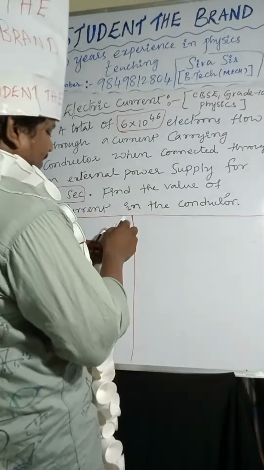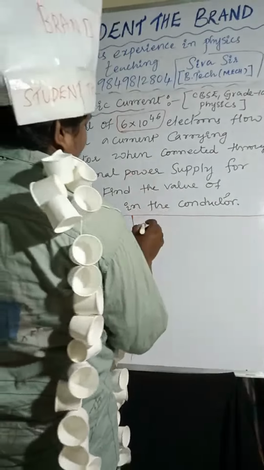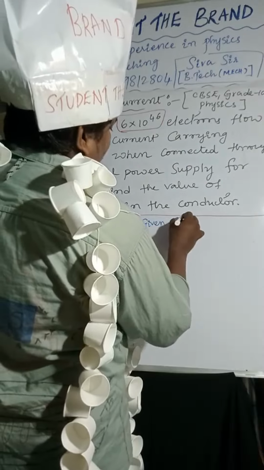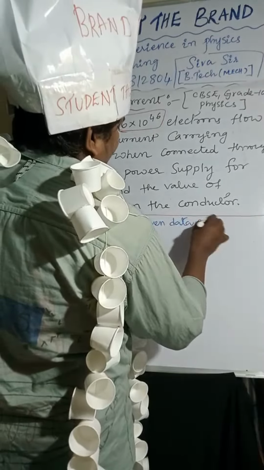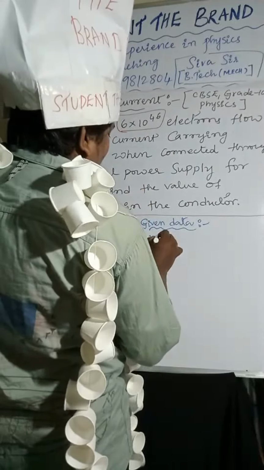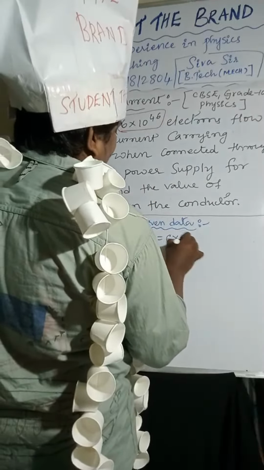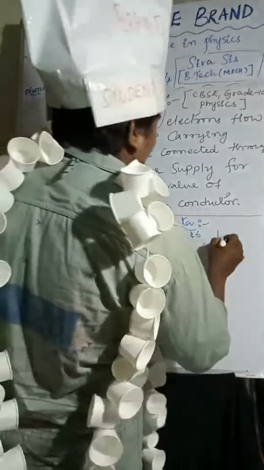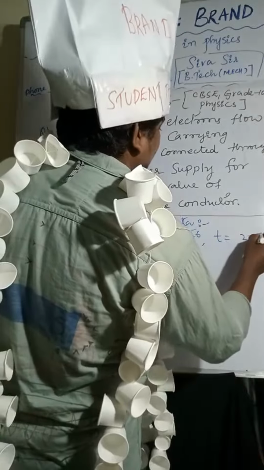So the given data is n equal to 6 into 10 power 46, and time equal to 20 seconds.